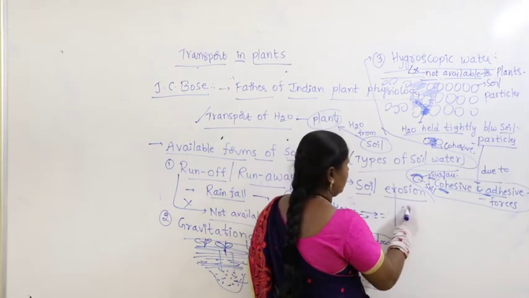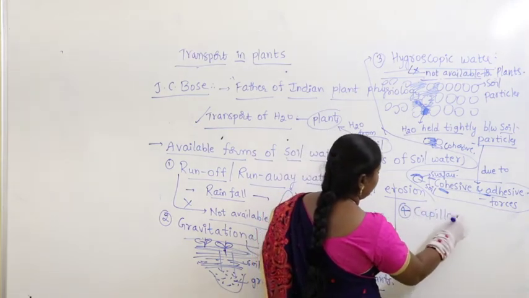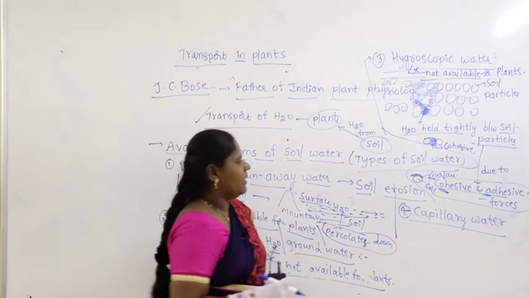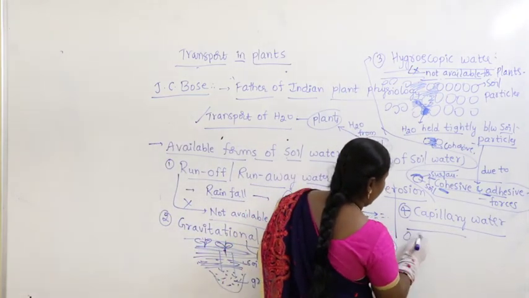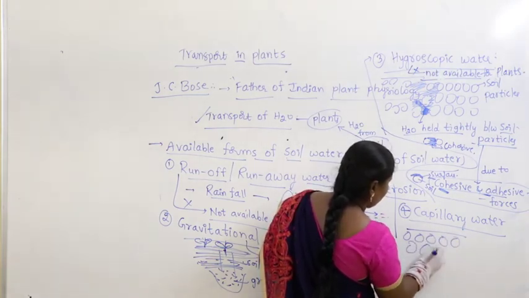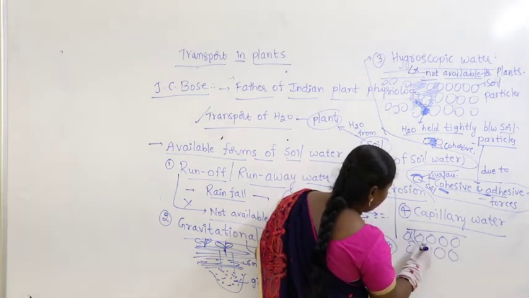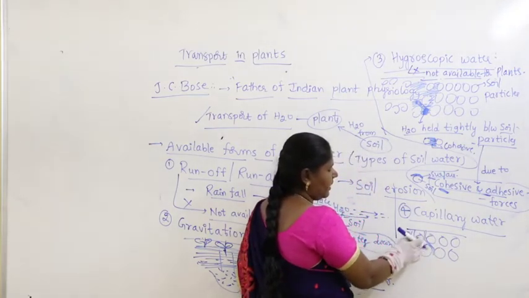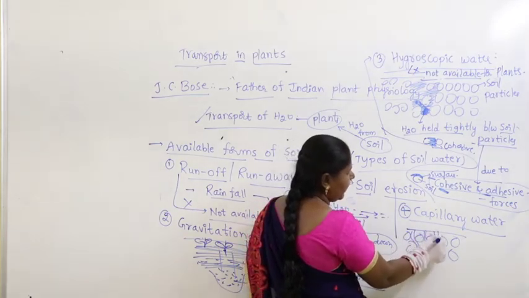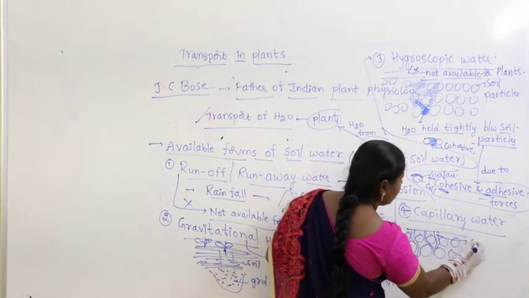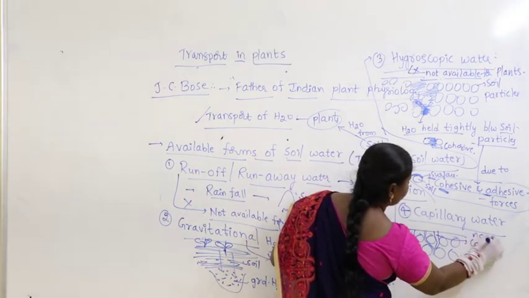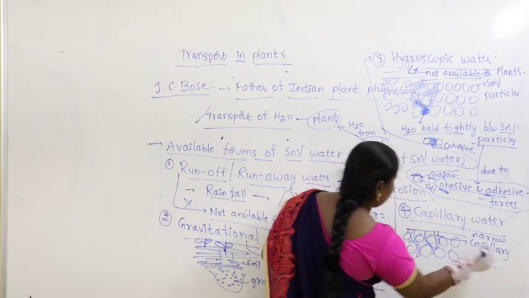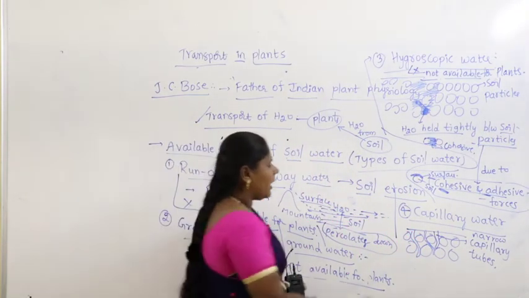Next, what you find here is capillary water. In the space between soil particles, you find thin narrow capillary tubes.